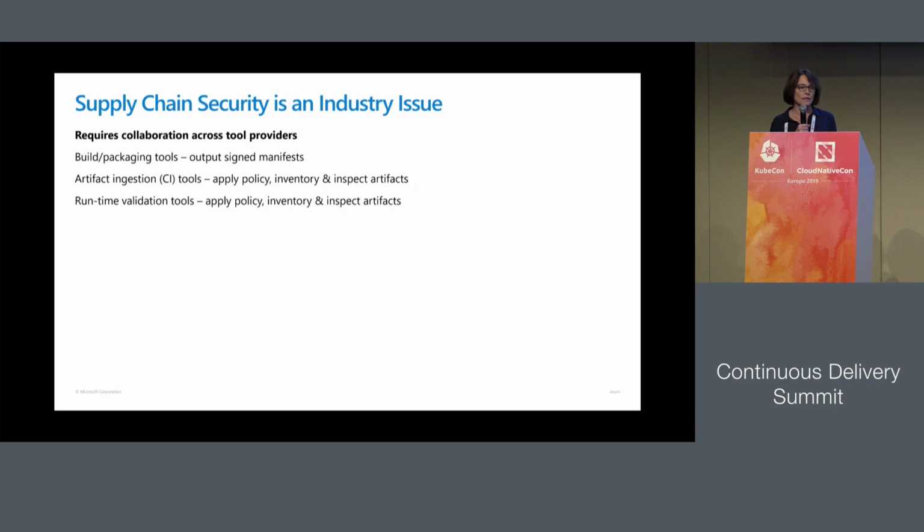And then also even at runtime, so runtime on production systems, end user desktops, et cetera, some tools that validate to ensure that the artifacts that are running, again, apply policy and haven't been tampered with inside of the runtime environment.